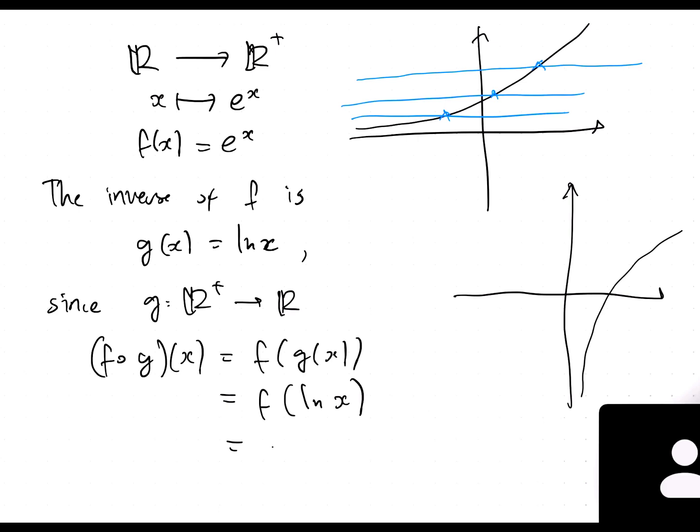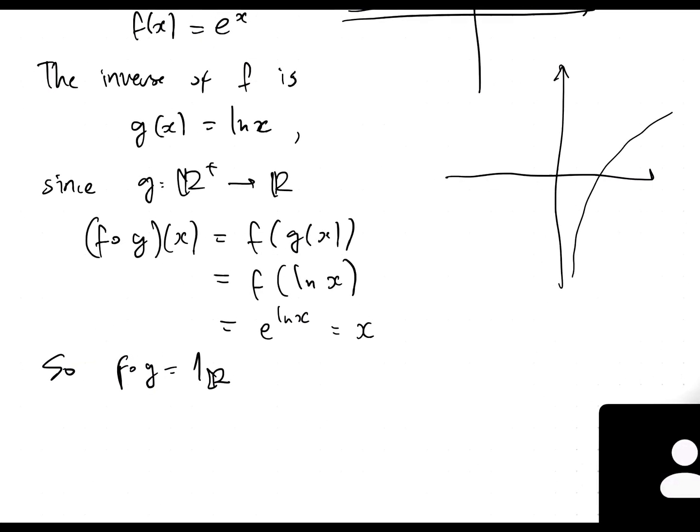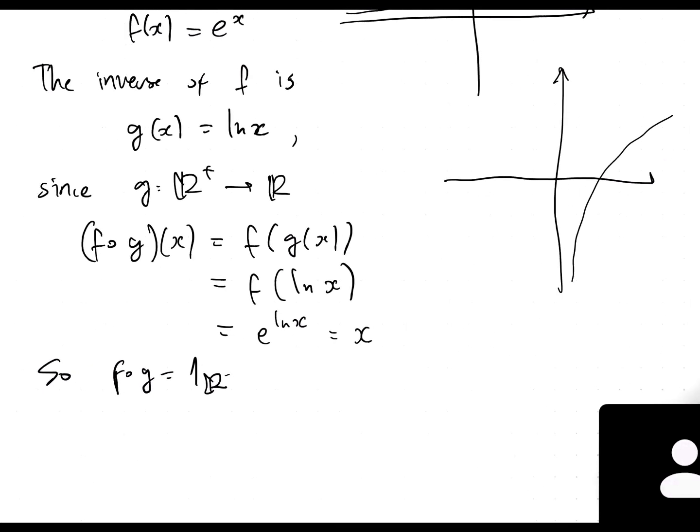What is F? F is exponentiation. So e to the power ln x. And of course, we know that e to the power ln x is x. And the other way around? Okay, first this shows that F composed with G equals identity of R plus.